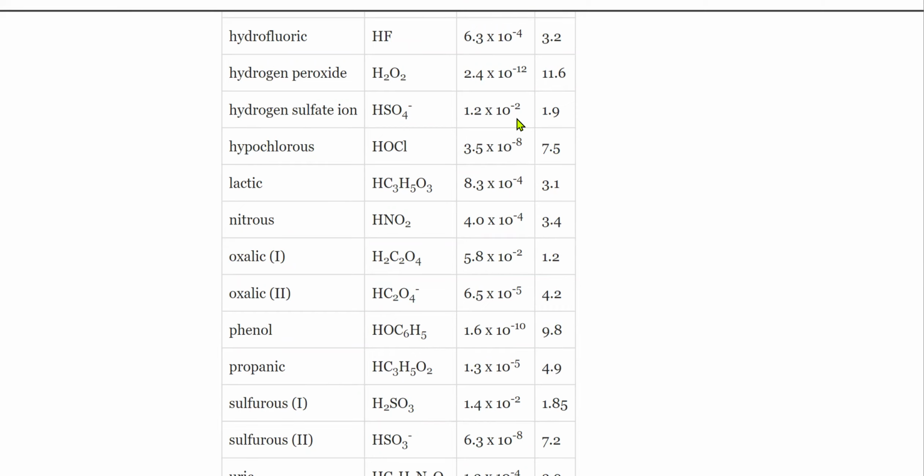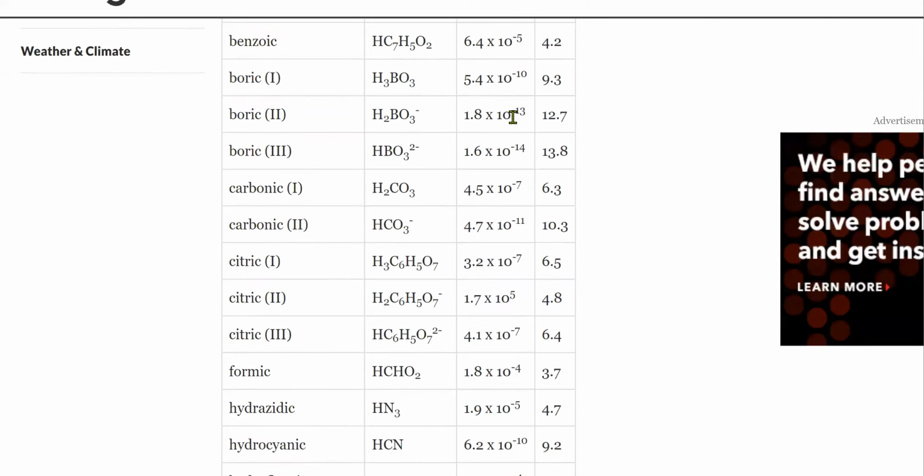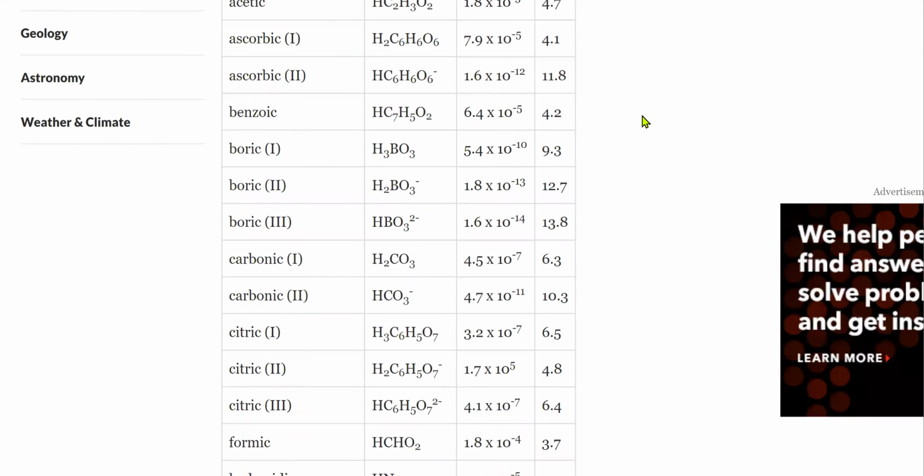Now, another thing you would notice, remember we talked about how to present data: these values have a huge range. One is 10 power minus 10, the other 10 power minus 5, 10 power minus 12. If you were to plot graphs of this, it would be very hard.